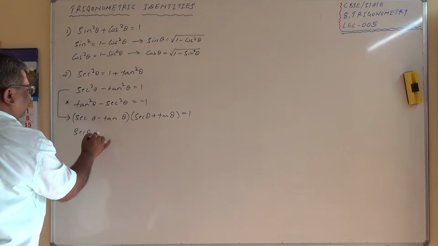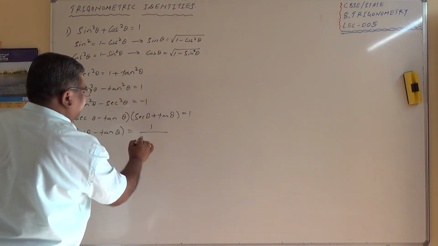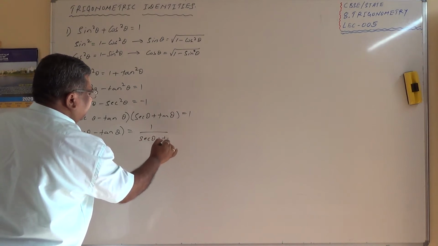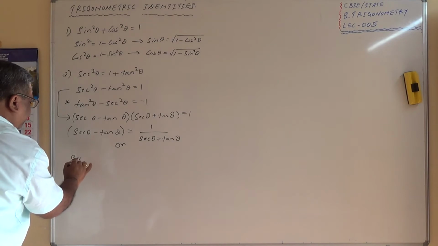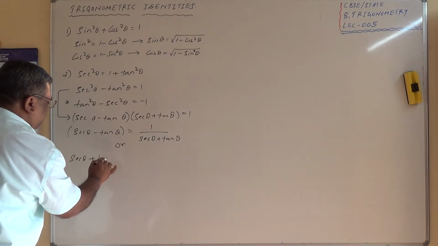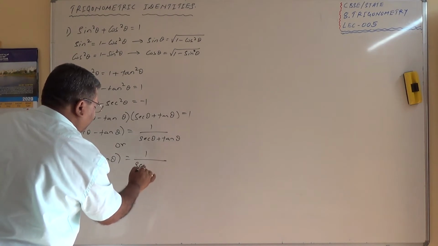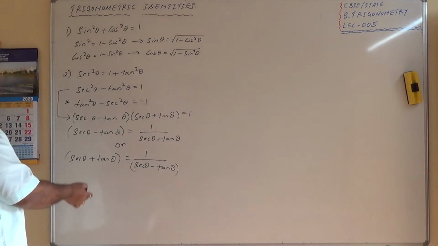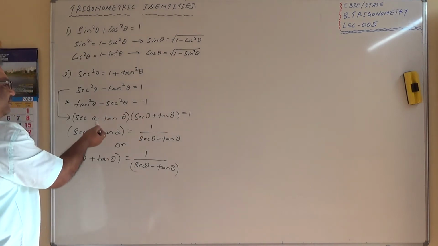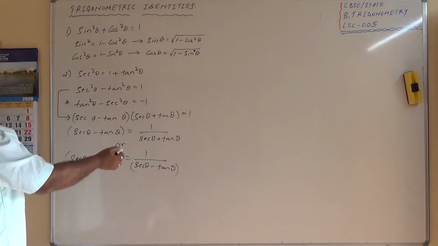So sec theta minus tan theta equals 1 divided by (sec theta plus tan theta), or sec theta plus tan theta equals 1 divided by (sec theta minus tan theta). This is how we get. If these two are equal to 1, then this equals 1 divided by this, whereas this equals 1 divided by this. So another two identities.